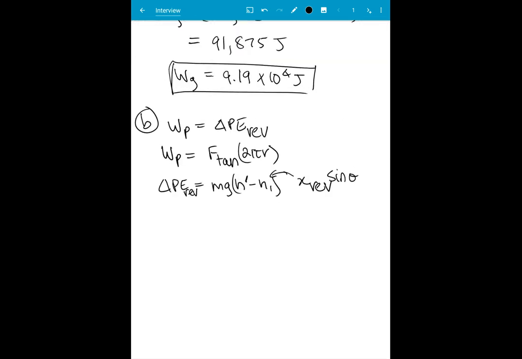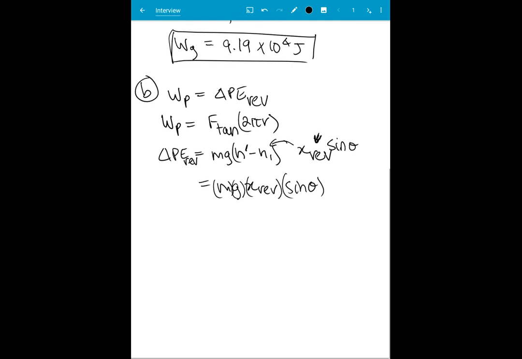And the reason I'm doing this is because we know x rev, but we don't directly know h prime, so we need to calculate that. So if we were to go ahead and rewrite this, this is m times g times x rev times sine theta.